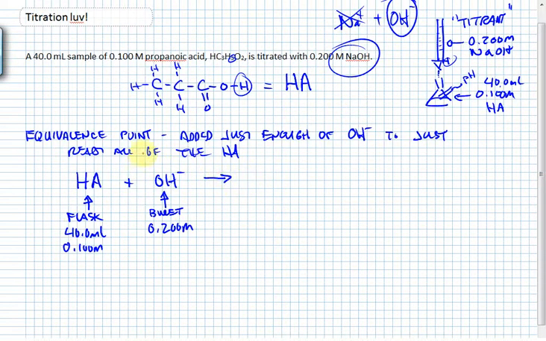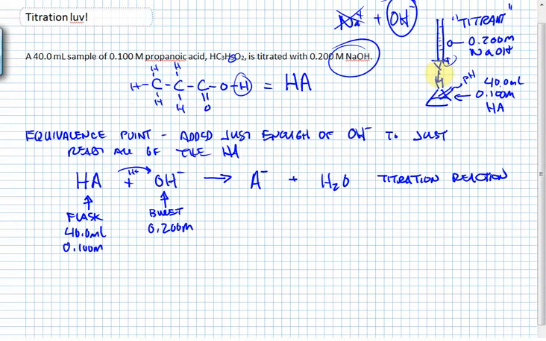The titration reaction, an acid-base reaction: our weak acid donates a hydrogen ion to the strong base. The result is that we form the conjugate base and some water. So there's what we call the titration reaction. This is what's happening as we add base to the acid.